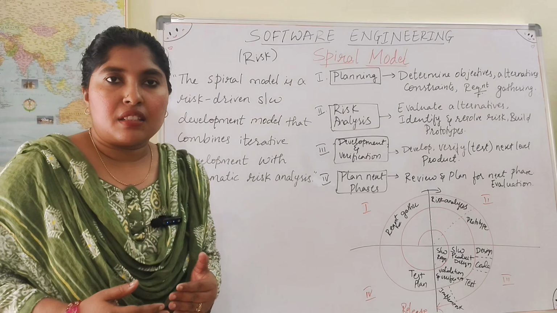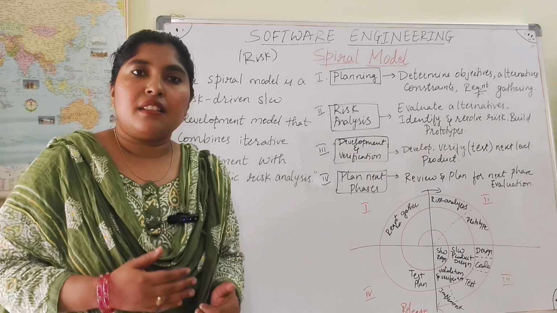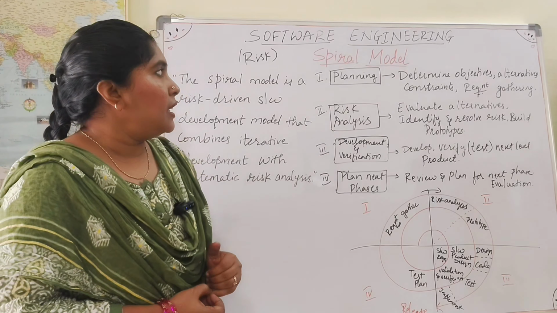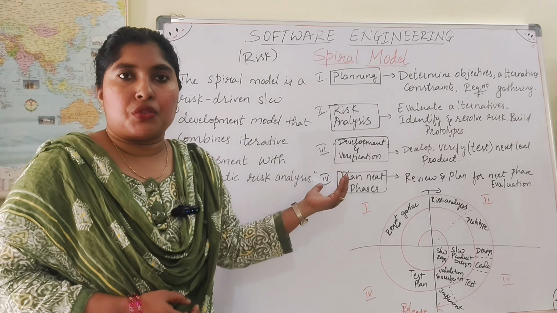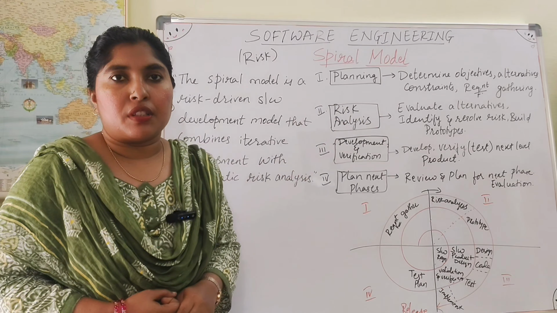Next, they have to test it, then improve the design, and then they can continue with the development work. Similarly, some software projects follow the same approach. That approach is nothing but the spiral model.